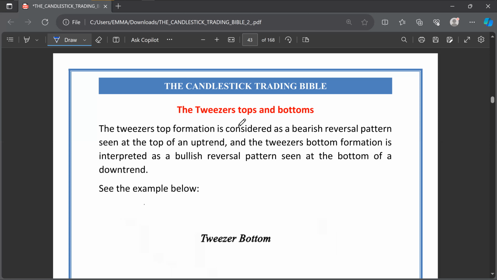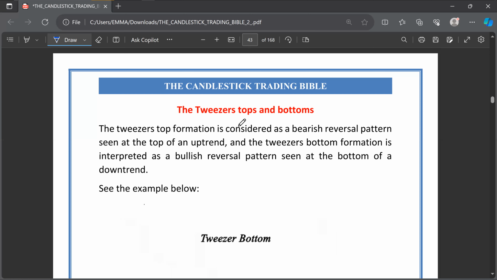So we are on the tweezer tops and bottoms. The tweezer top formation is considered a bearish reversal pattern seen at the top of an uptrend. And the tweezer bottom formation is interpreted as what? A bullish reversal pattern seen at the bottom of a downtrend.